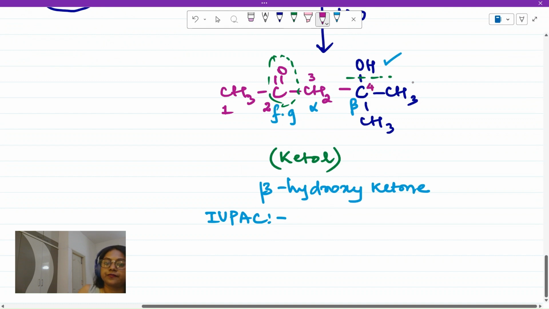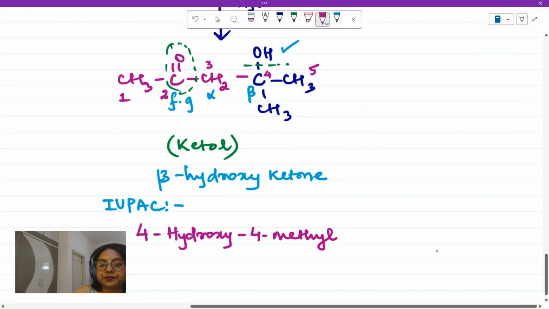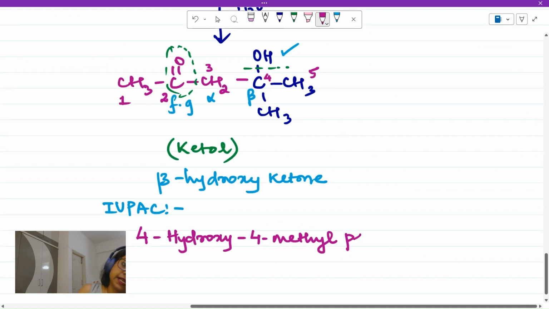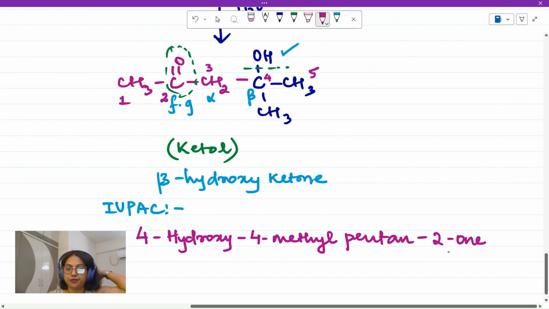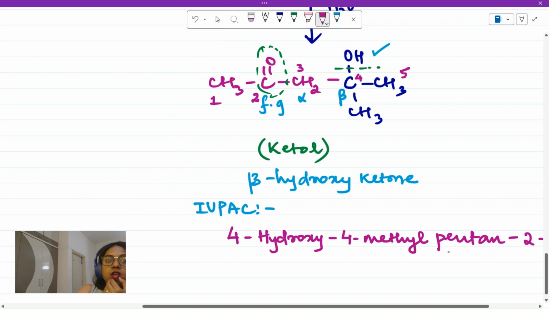How do we name it? 4-hydroxy, H comes first alphabetically. 4-hydroxy, 4-methyl, and pentan-2-one, because at the second position you have the ketone group. Is the name clear? Any question?